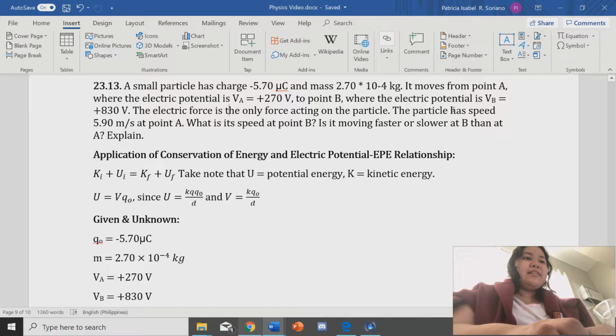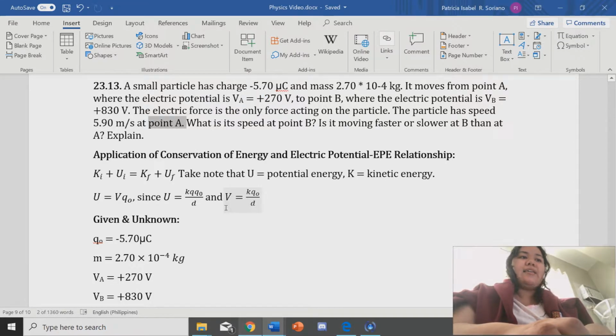And next would be this speed. As stated in the problem, it's the speed at point A, 5.90 meters per second.